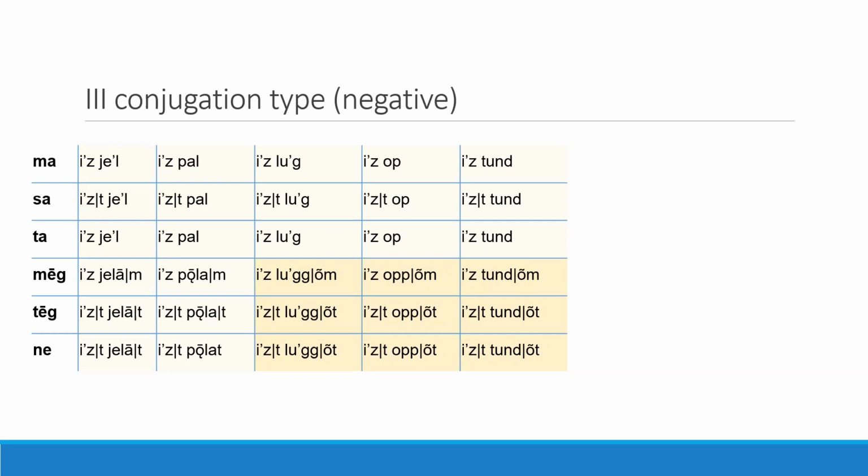So ma is jell, ja sa is jell, ja siis, or ma is look, sa is look, ta is look, and then comes megist lukkem, tegist lukket, ne is lukket. So this is what is happening here.